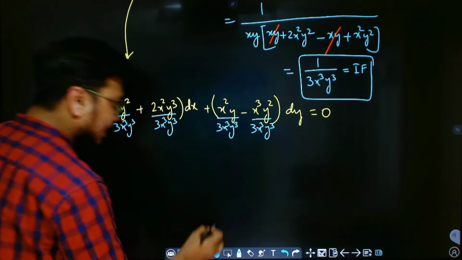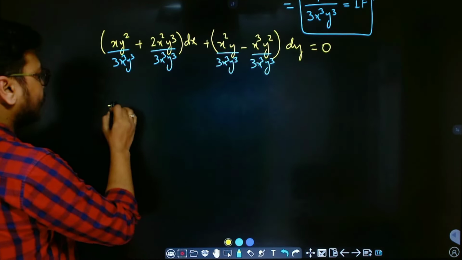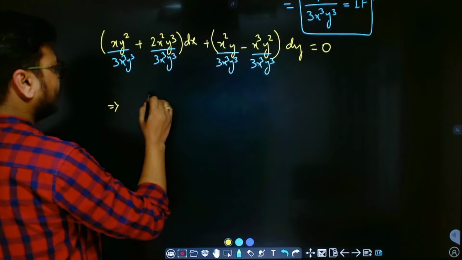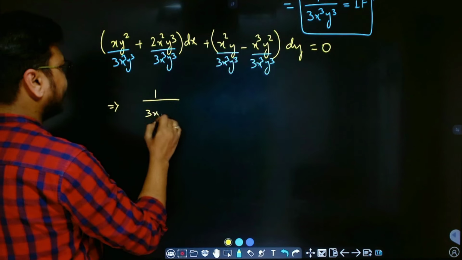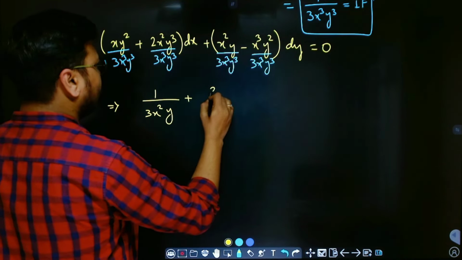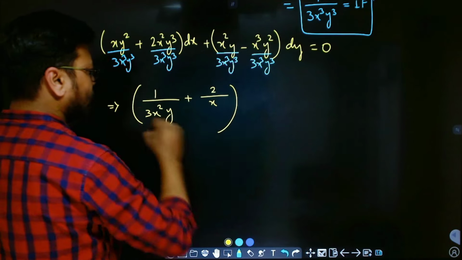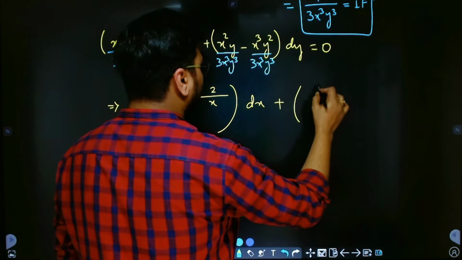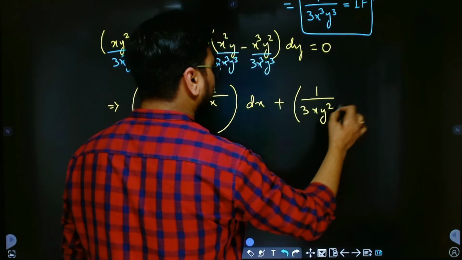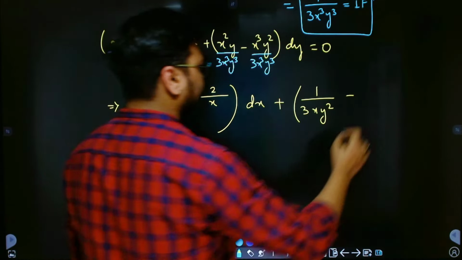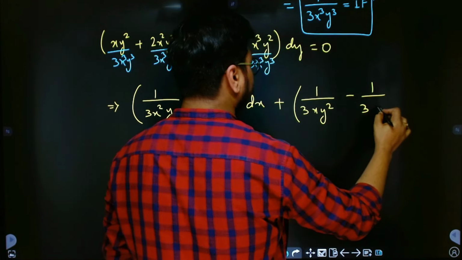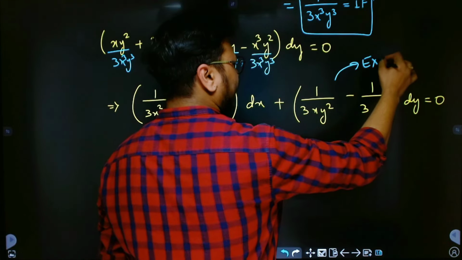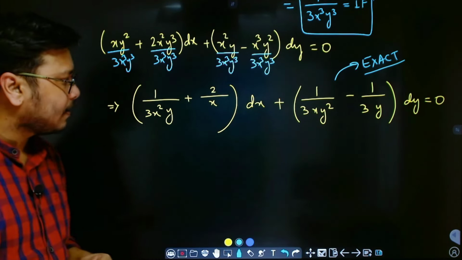So if I simplify this one more line, I'm going to get the y square and the x will get cancelled, so I will have 1 by 3x square y plus 2 by x whole dx plus again 1 by 3xy square minus 1 by 3y dy equals 0. And now this is definitely an exact differential equation, right?